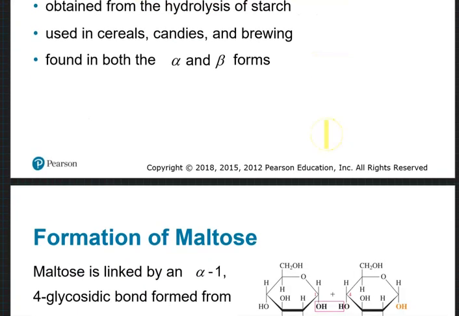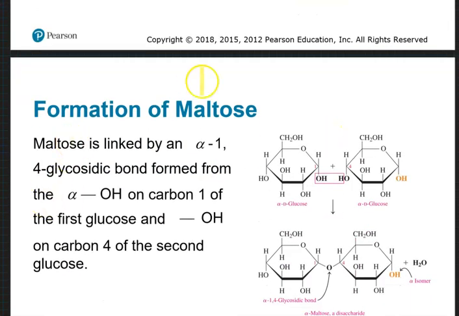Now, when we say alpha carbon, it means that the OH group faces down on the first carbon, okay? If it faces up, it's beta. Does it make sense? Good?